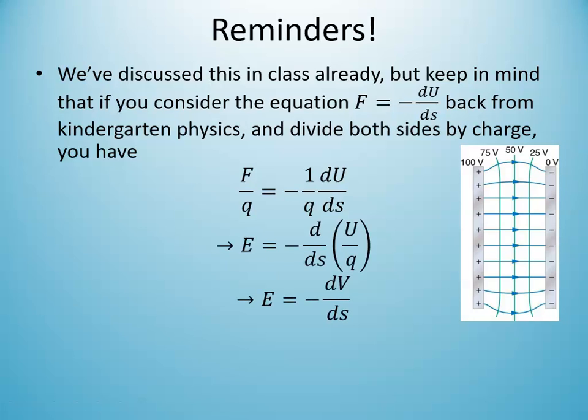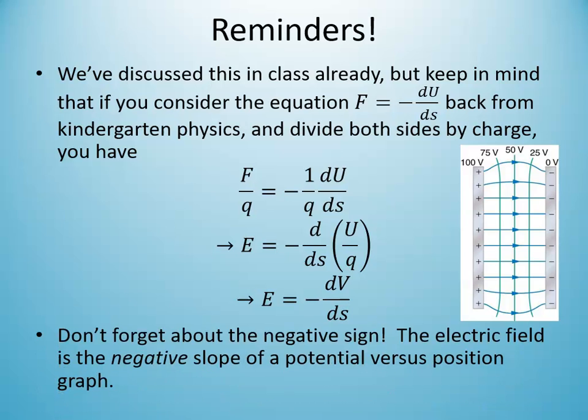So just going through this whole scheme again, force per unit charge, and then just negative 1 over q times dU/ds, just thinking about the fact that force is the negative of the rate at which the potential energy changes. So it's another way of coming up with your electric potential compared with electric field relationship.